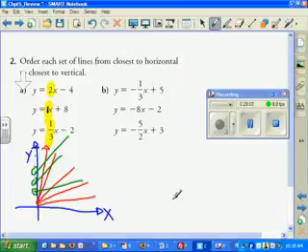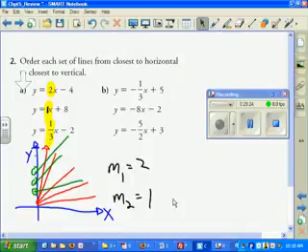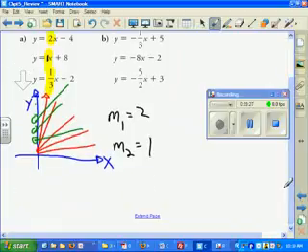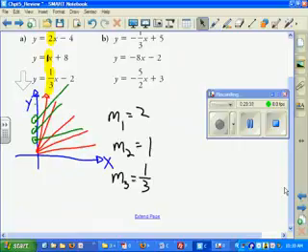So if we have a slope of, well, let's see, m of 1 is, slope 1 is 2, slope number 2 is 1, and slope number 3 is 1 over 3. Okay, which one is most horizontal?